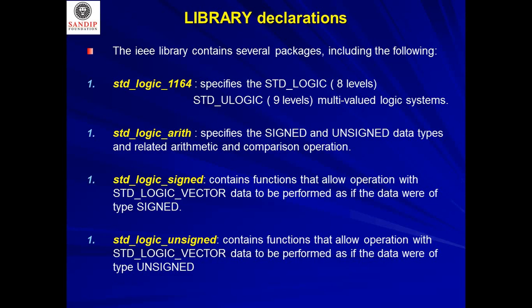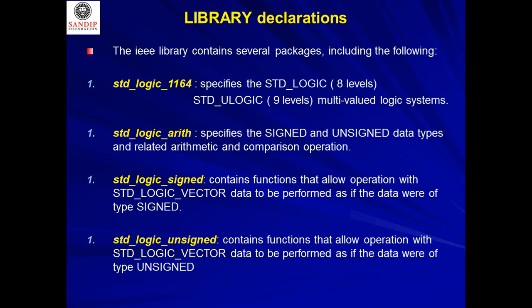Second package is std underscore logic underscore arith. It specifies signed and unsigned data types and related arithmetic and comparison operations.